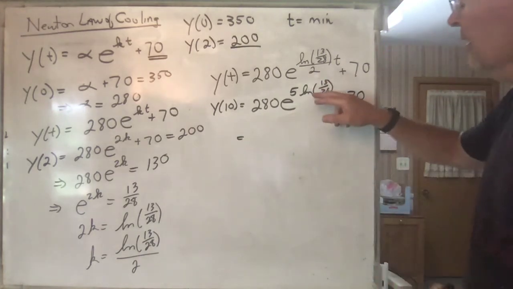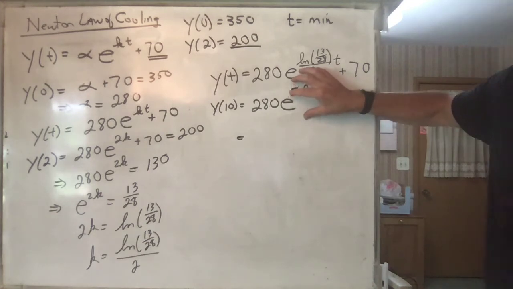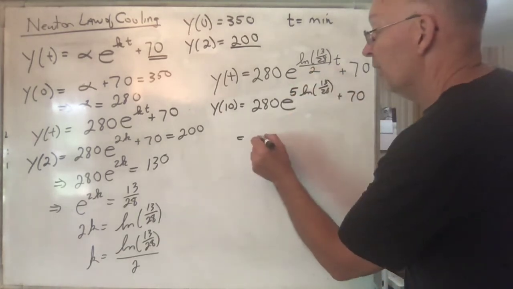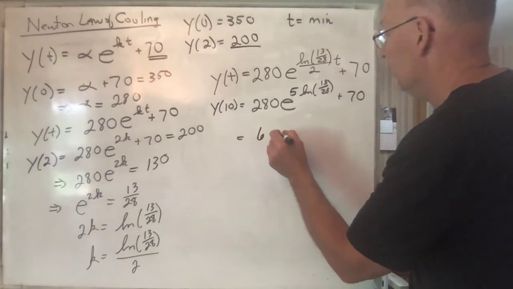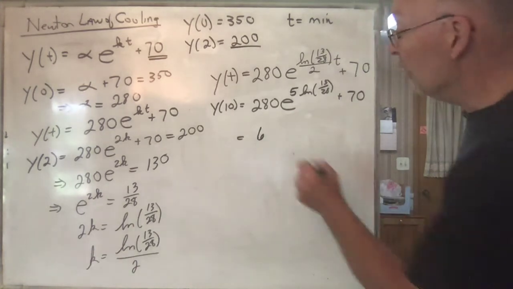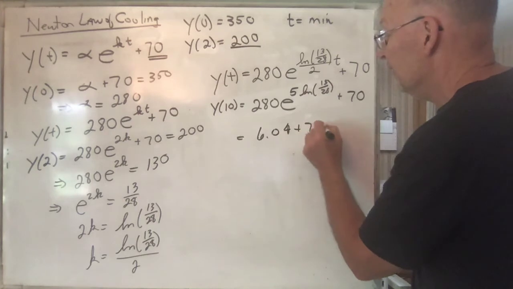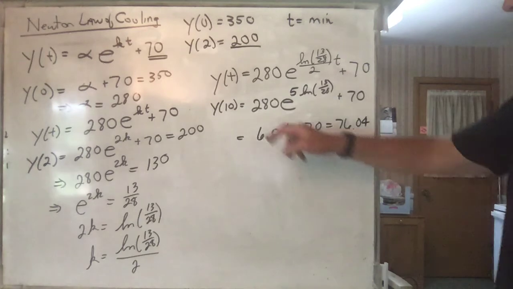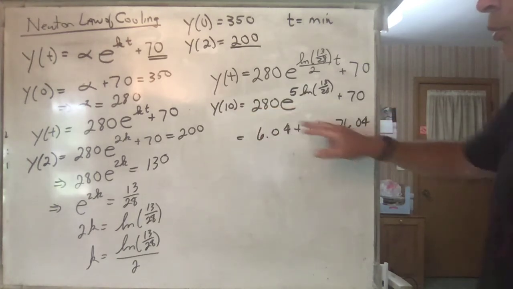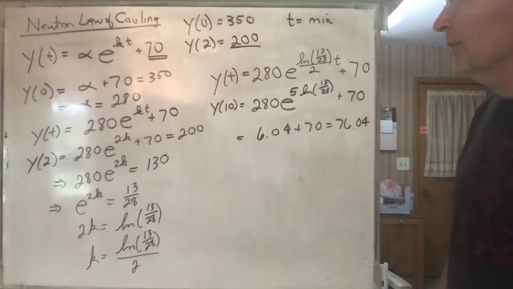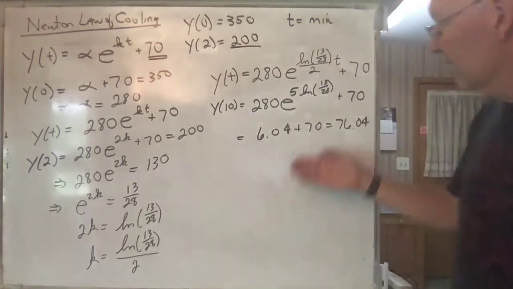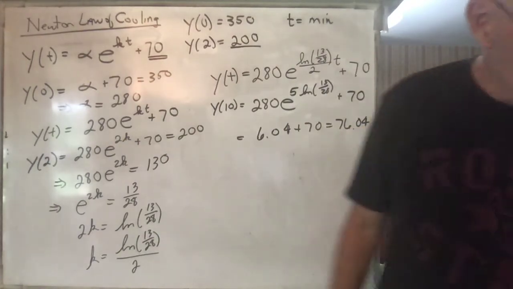If you calculate that, this whole thing here gets to be about 0.02, and so you multiply that by 280, and you get about 6.04 plus 70 is about 76.04, so about 76 degrees. So you see that it's gone down to pretty close to the room temperature by the time you get to even 10 minutes, assuming this is right, which actually it's probably going to cool off even faster than that.